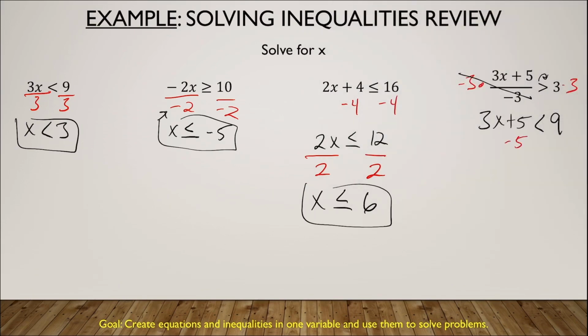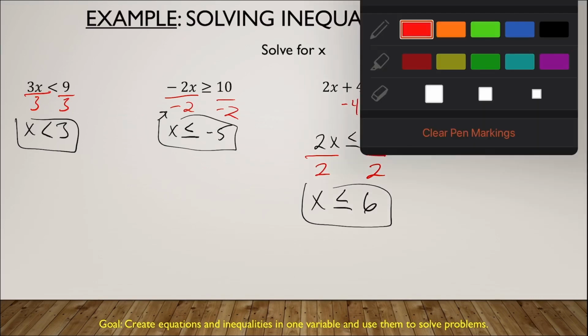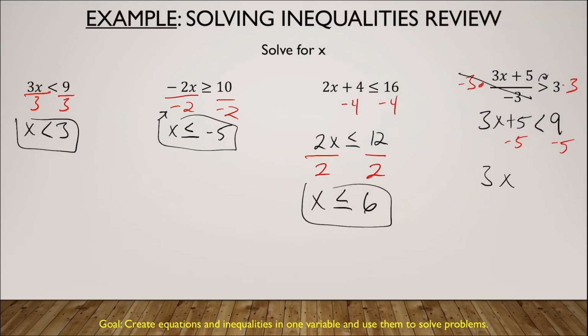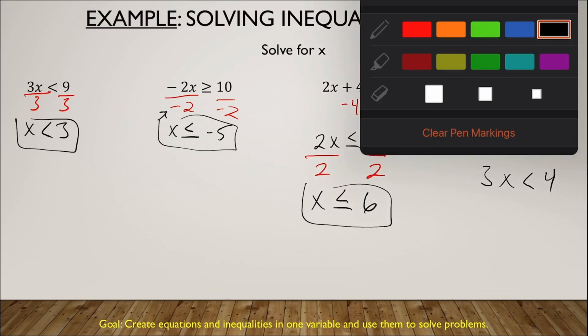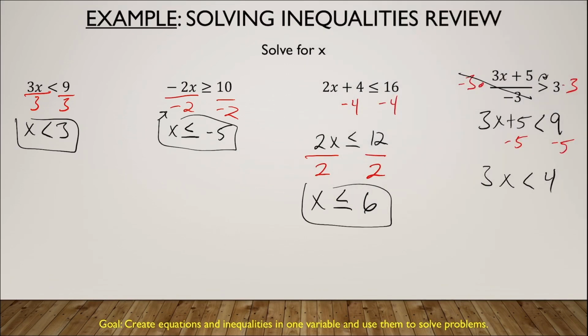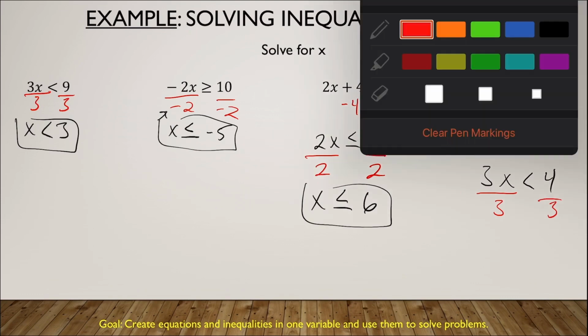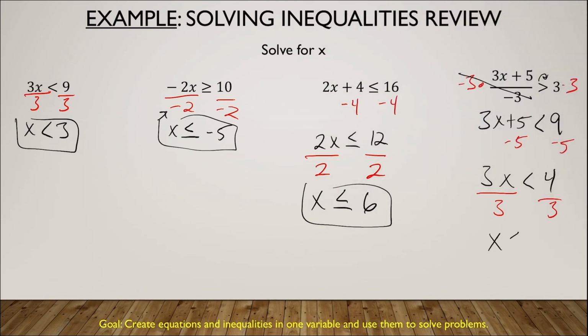Then we're going to subtract 5 from both sides. And I get 3x is less than 4. Then I have to divide by 3. And we get x is less than 4/3. Notice through all of these, all I'm doing is doing the opposite of what is already occurring for that inequality.